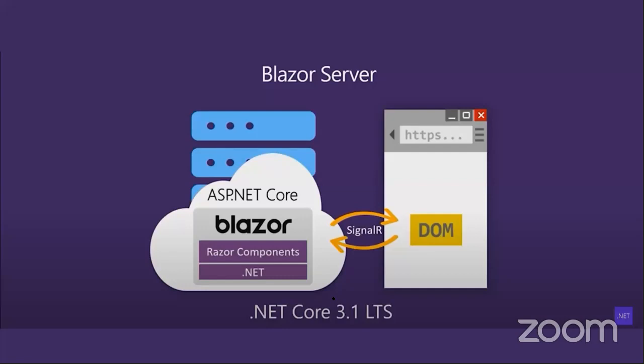That means Blazor has two operating models: a client-side operating model and a server-side operating model. All these days till now, we have had the server-side operating model. The client-side operating model was very recently introduced and is production ready now.